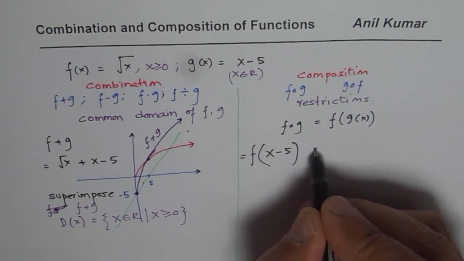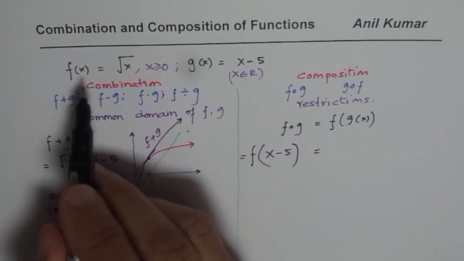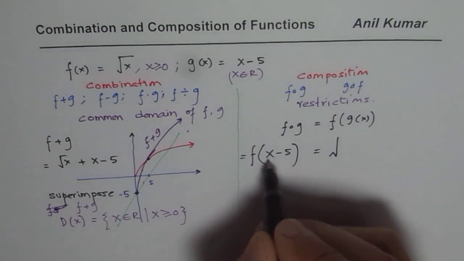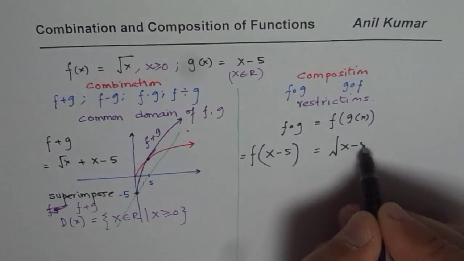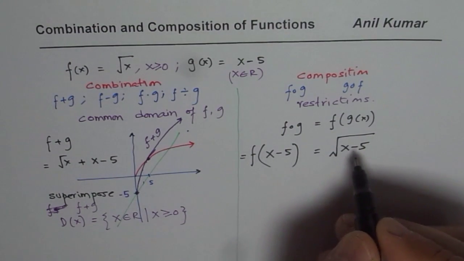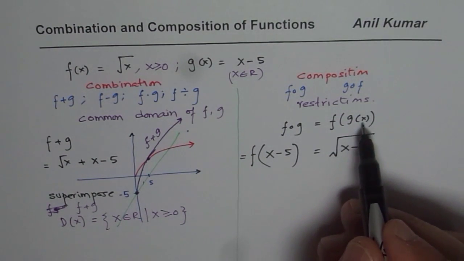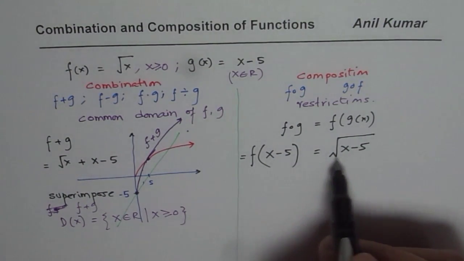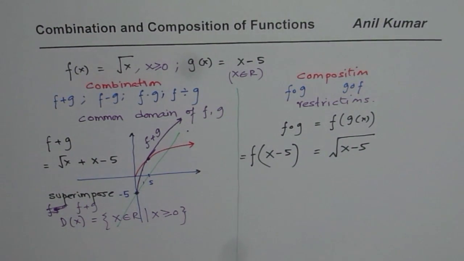Now, it becomes f, the square root of x. So within the square root, I have to write this x minus 5. So basically what we did was we substituted one of the functions as the independent variable in the other function and got a new function, square root of x minus 5. Do you see that part?